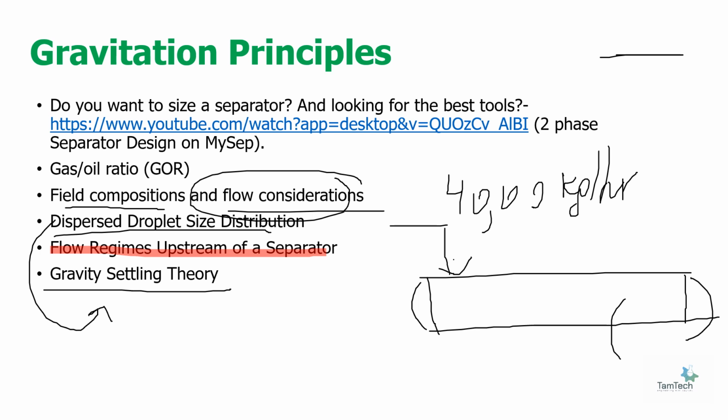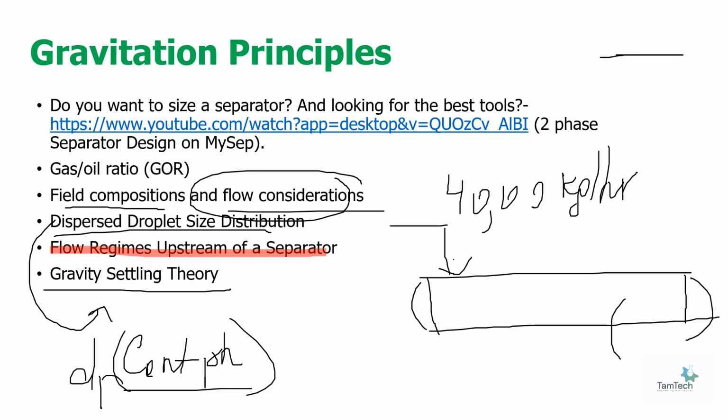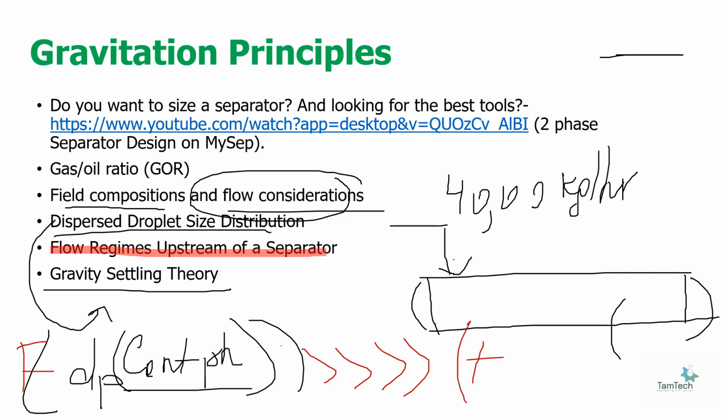Once again, the dispersed droplet will settle out in the case that the main force driving the droplet size is greater than the sum of the drag force FD plus the buoyant force FB. In this case, gravitational separation will happen.